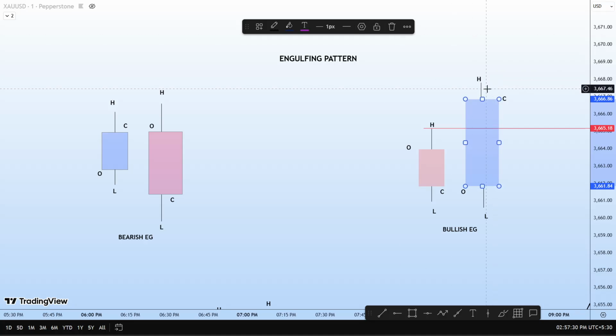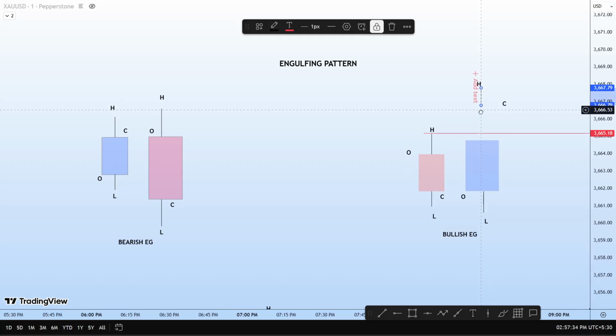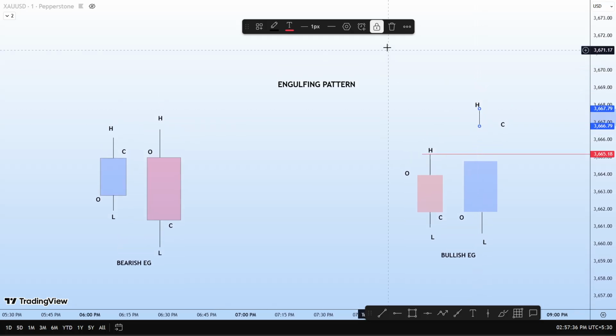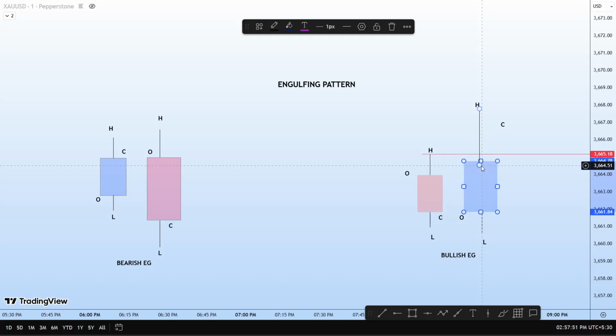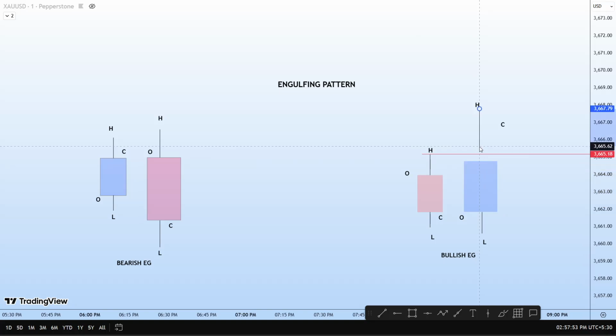If we consider this scenario over here, I won't consider this as our engulfing pattern, since price failed to close above the high with a body closer. Okay, so this is a very important key detail.